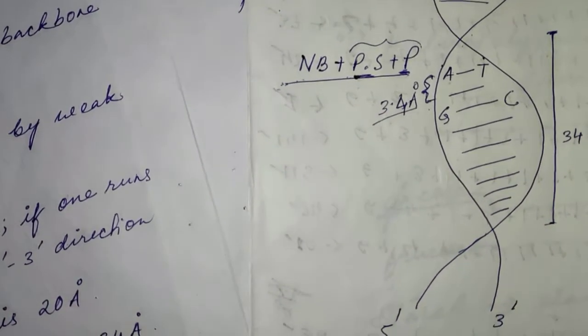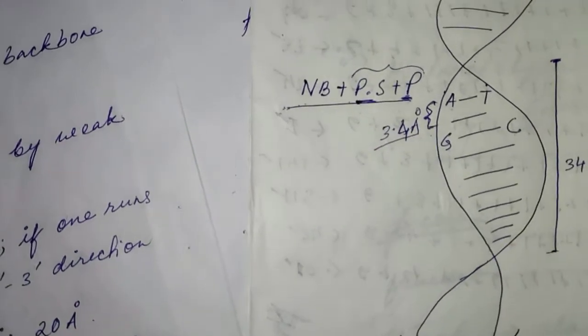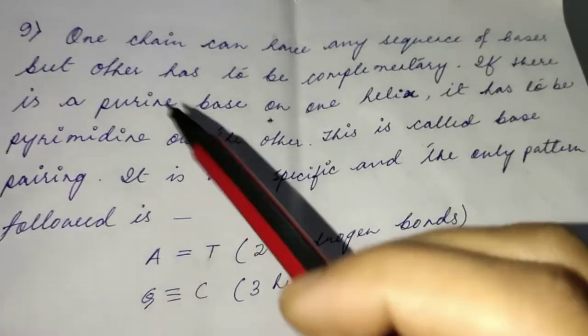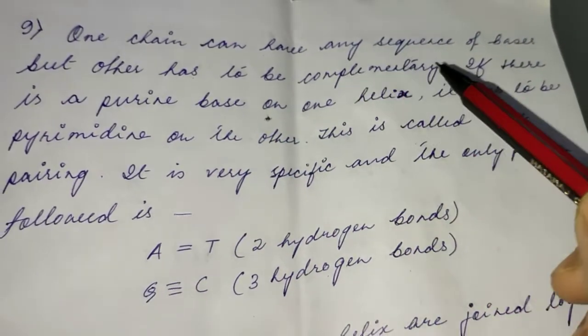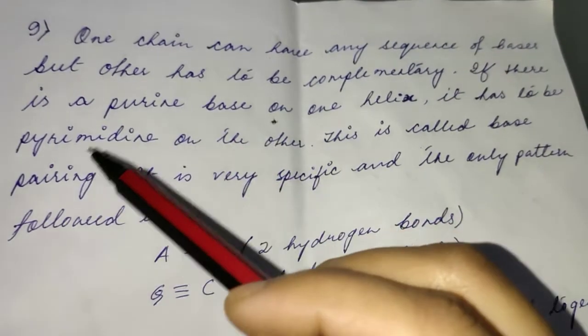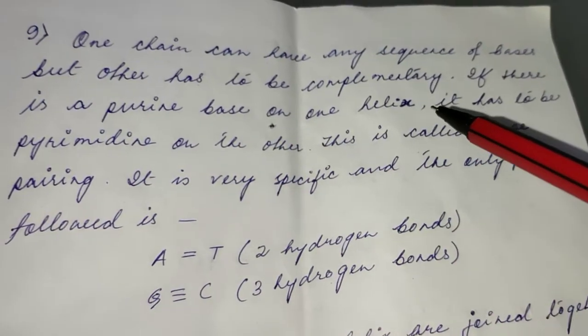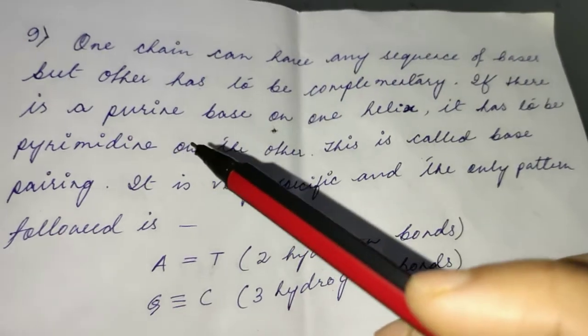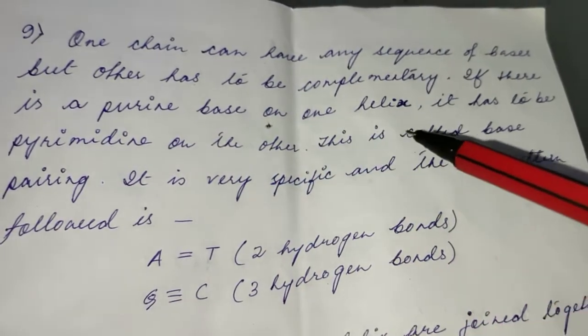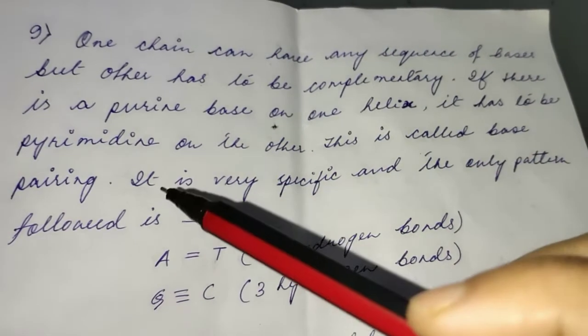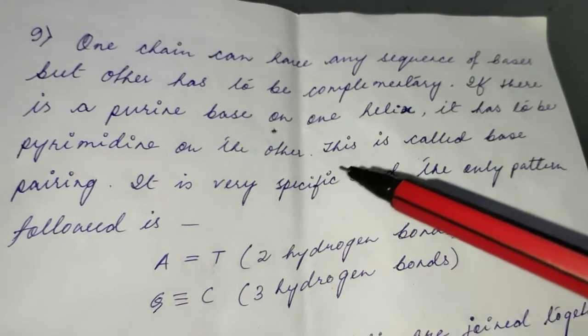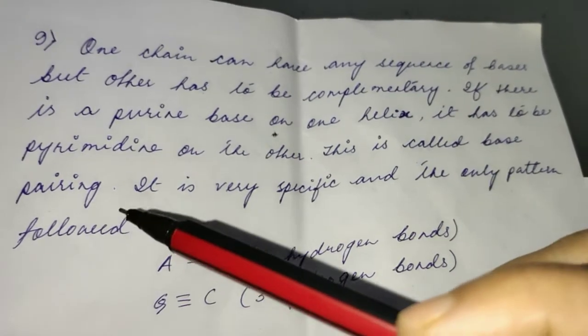Is it clear? Now, one chain can have any sequence of bases, but the other has to be complementary. If there is a purine base on one helix, it has to be pyrimidine on the other. This is called base pairing.